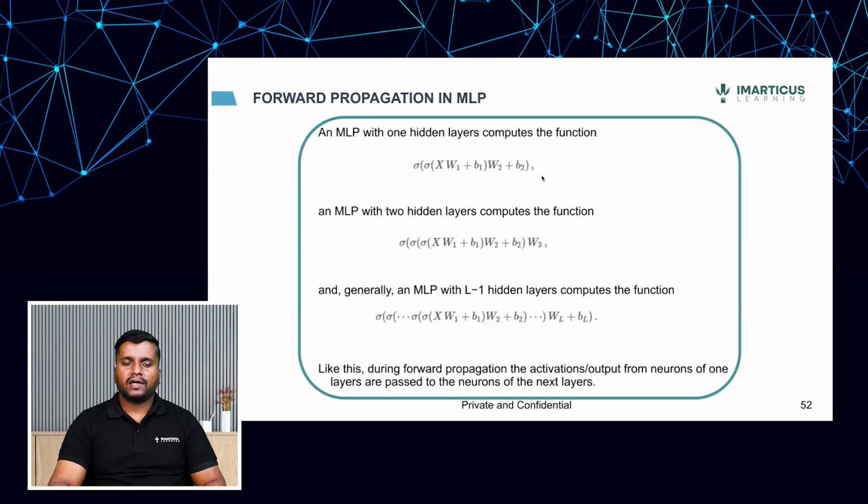A multi-layer perceptron with two hidden layers computes the function by applying two sigmoid activation functions over the z value. Generally, a multi-layer perceptron with n layers will have n sigmoid activation functions applied over the hidden layers or the input data. During forward propagation, the activations or outputs from neurons of one layer are passed to the neurons of the next layer. This is how forward propagation in a multi-layer perceptron happens.